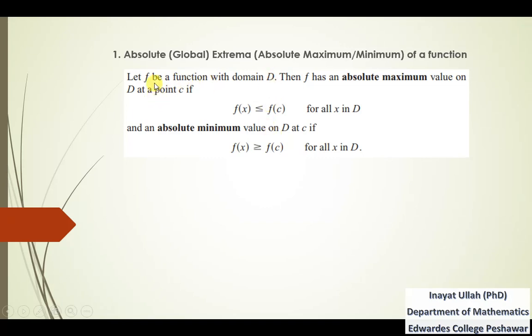Then f has an absolute maximum at c. The absolute maximum value of the function at x equal to c is that f of c which is greater than the rest of the values of the function.